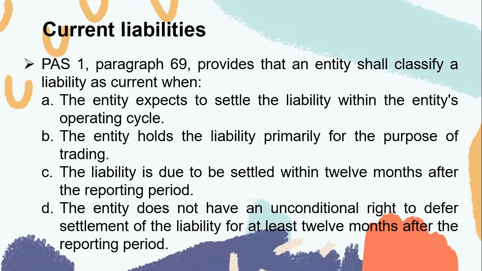Then you incurred a liability after that, say January 1, and the presentation of the financial statements is in March. Is it considered a current liability?